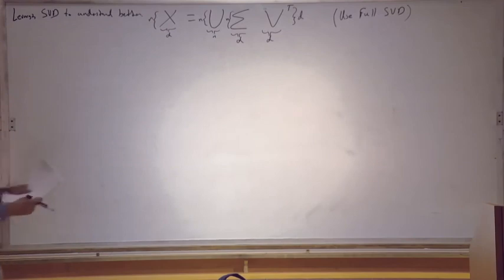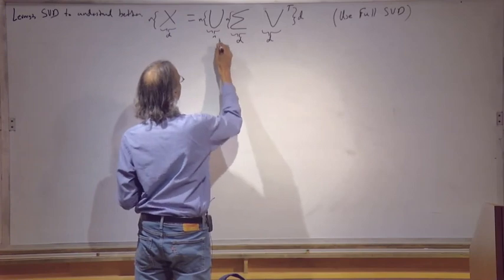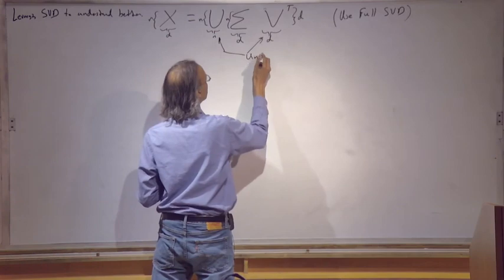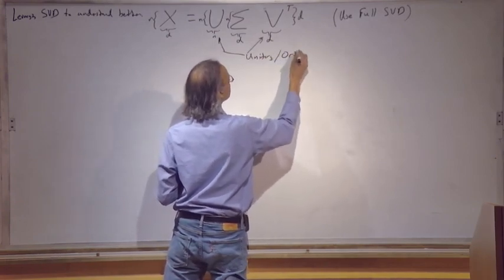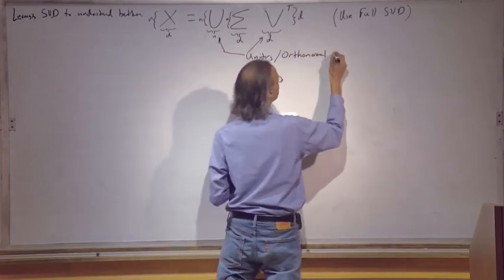Now remember, SVD has a cool property that these matrices are unitary, with orthonormal columns and rows, sometimes called orthogonal matrices also.